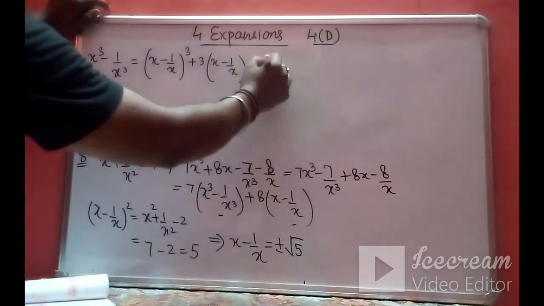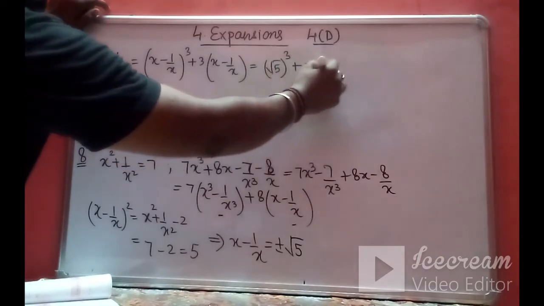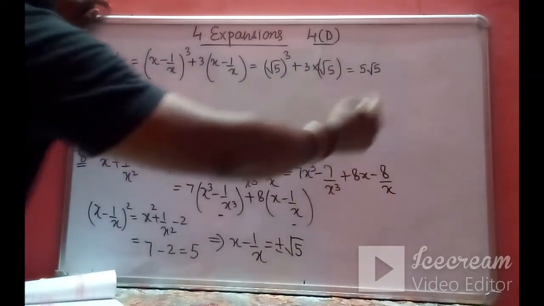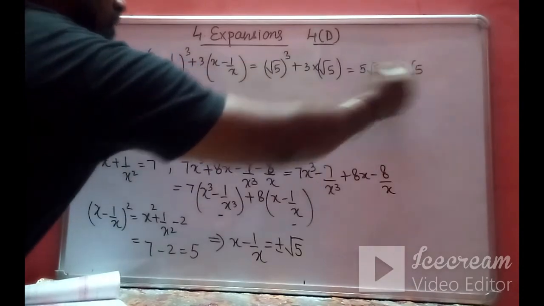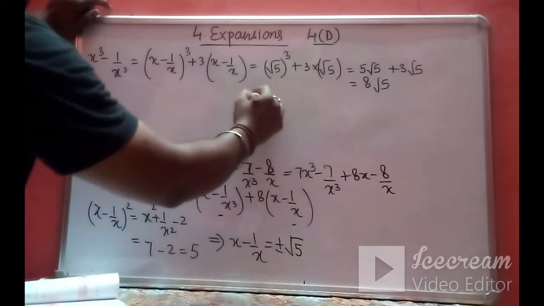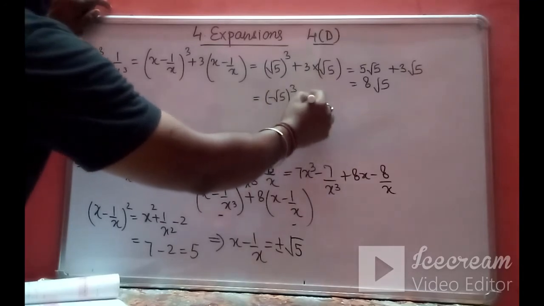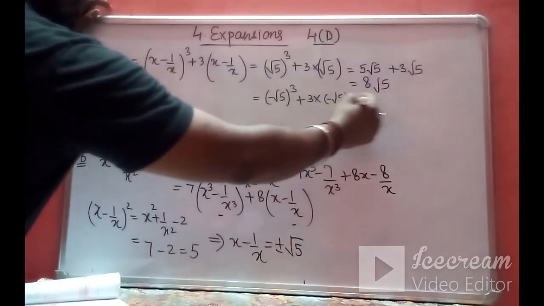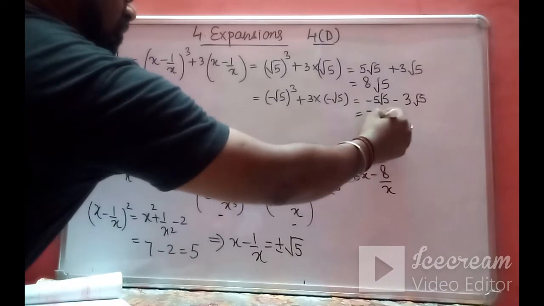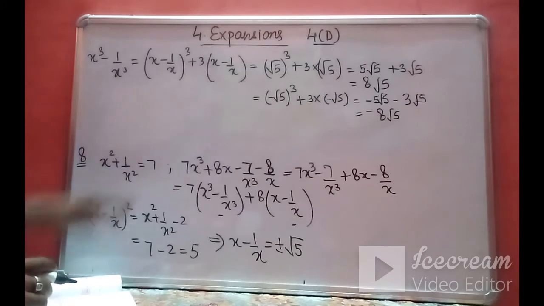So first I will put plus root 5 whole cube plus 3 into root 5. So it is 5 root 5 plus 3 root 5. So our answer is 8 root 5. Then for the next, one more value we will get, minus root 5. So minus root 5 we will put plus 3 into minus root 5. So see what you will get. You will get minus 5 root 5 minus 3 root 5 and it becomes minus 8 root 5. Okay, so these are the two values of x cube minus 1 upon x cube.